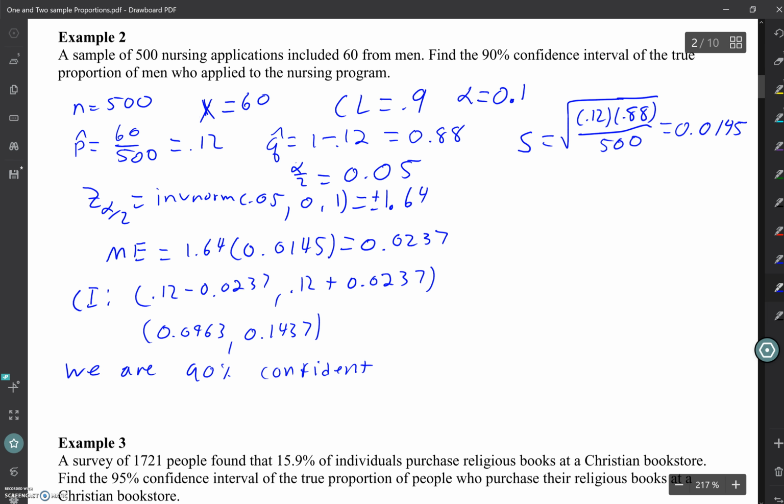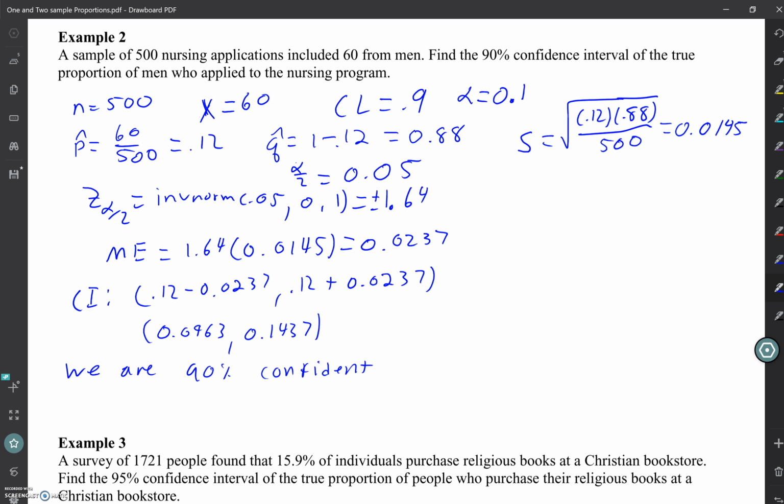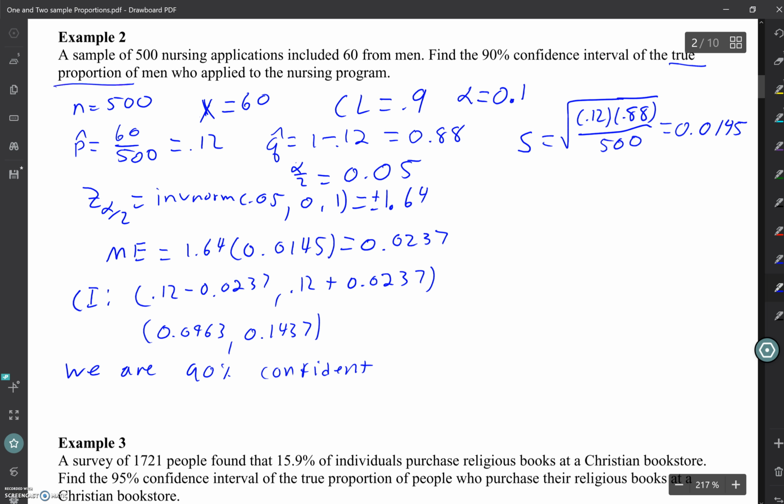We're not talking about means, so we're talking about the proportion, and they asked me about the true proportion, meaning the true proportion of the population.